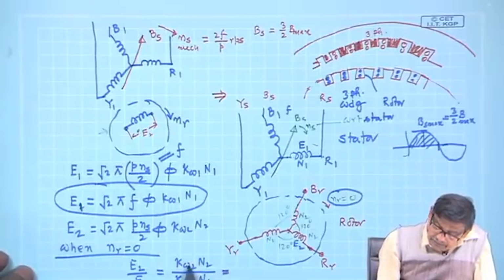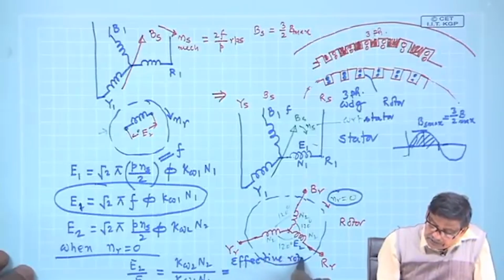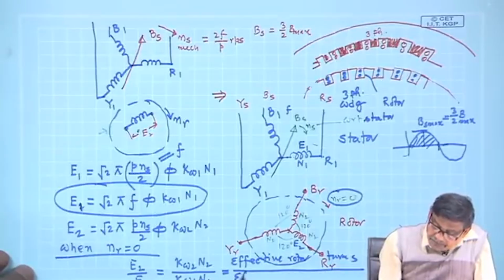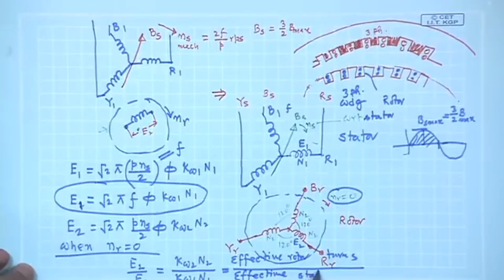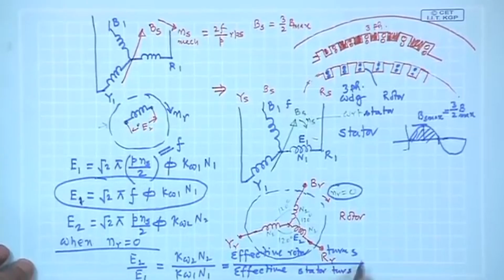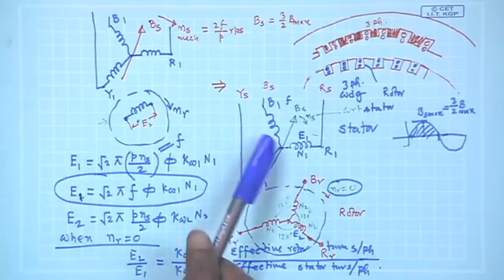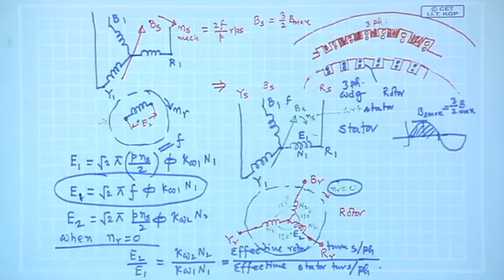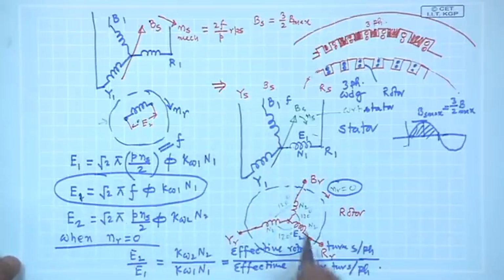So, this kW into N2 is called effective rotor turns per phase, divided by effective stator turns per phase, here also per phase. So, it is almost like a transformer. What is the frequency supplied? F. What is the frequency of this secondary coil?